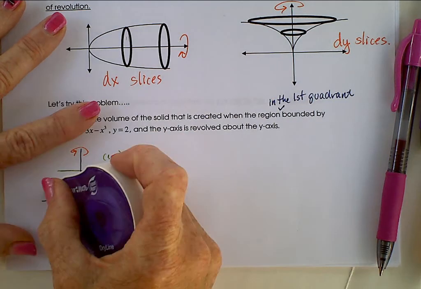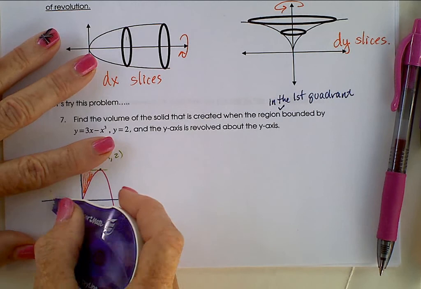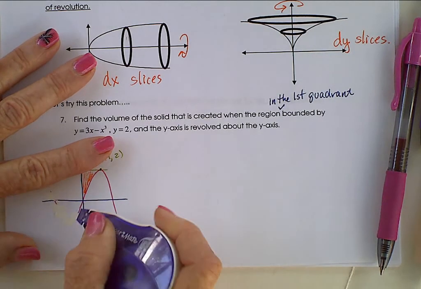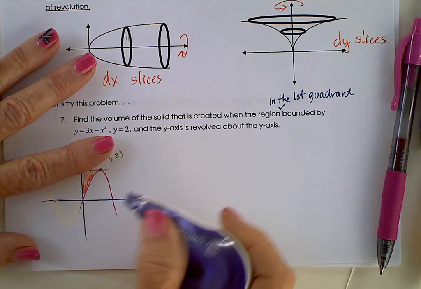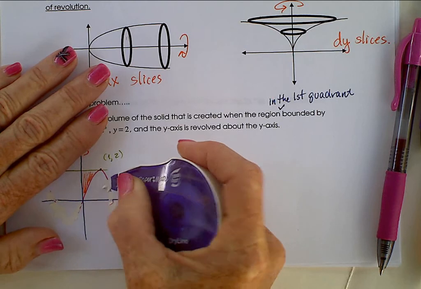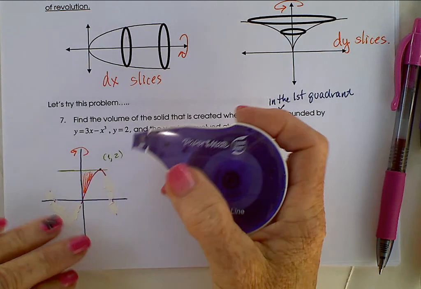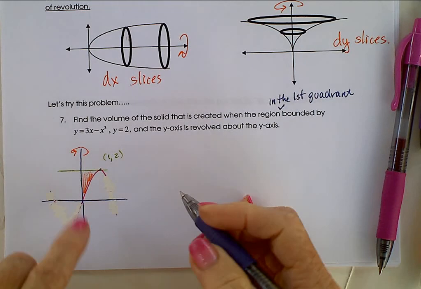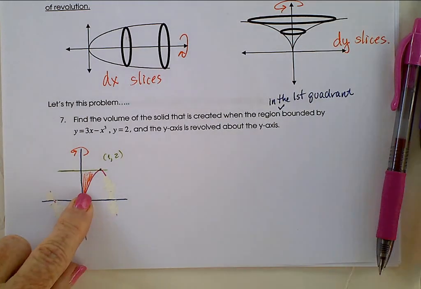Wish I had done this in pencil first, because then I could have erased all of this. But I don't want any of this stuff. I only want the part in the first quadrant, so I'm going to go back and erase out all that part. This over here is, even though it's in the first quadrant, extra. We don't need it, because we are just revolving that tiny region right there.